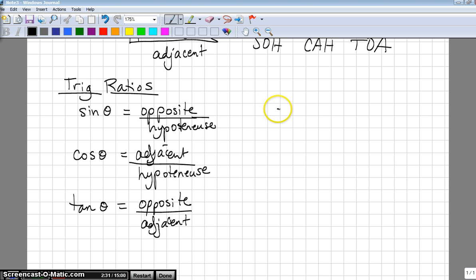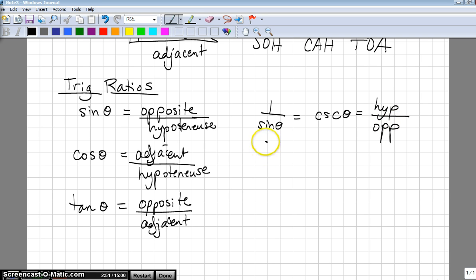The inverse of the sine, 1 over the sine of theta, is called the cosecant. Cosecant is abbreviated CSC. It's 1 over the sine, so it's going to be the hypotenuse over the opposite.